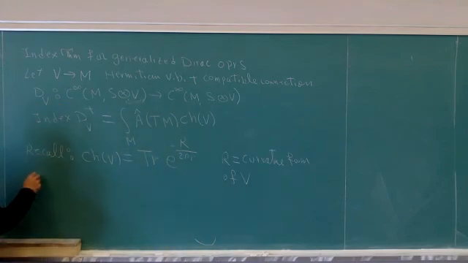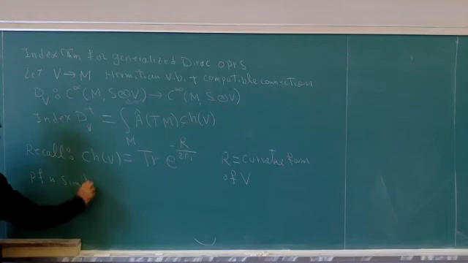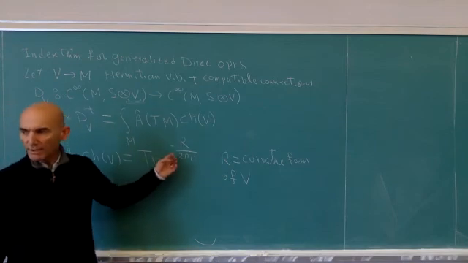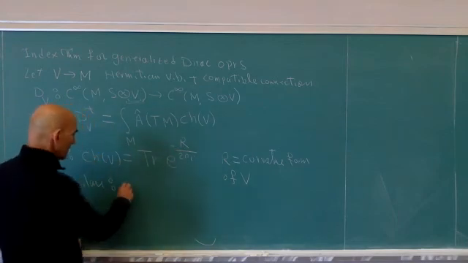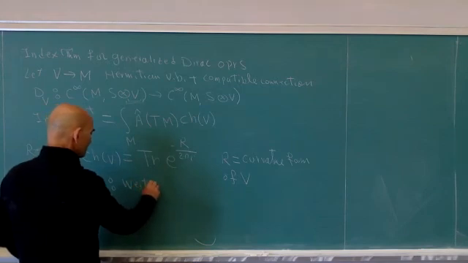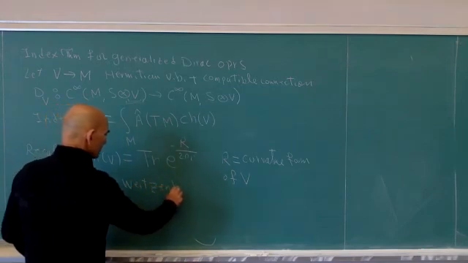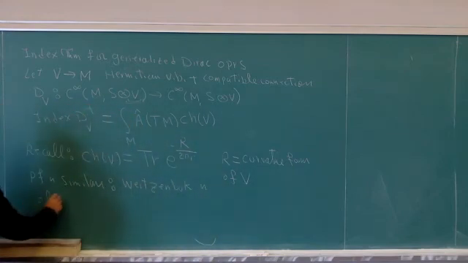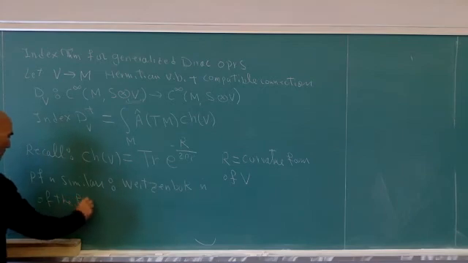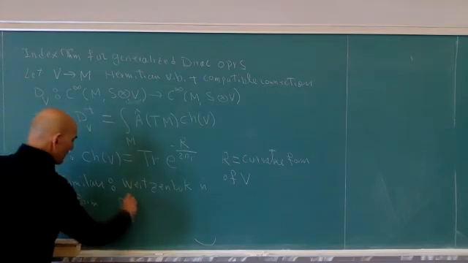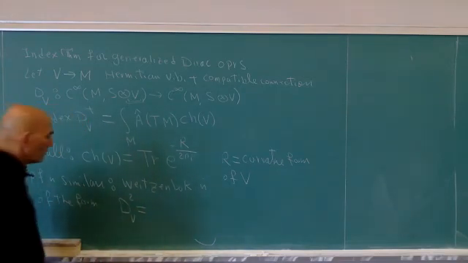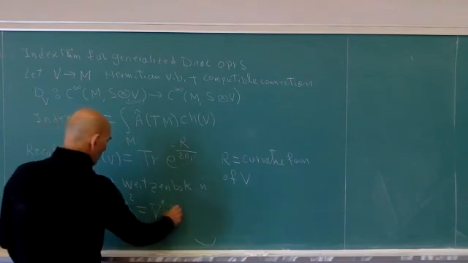So the idea of the proof is similar. In this case, you just use the Weitzenböck formula in the following form: D_V squared is equal to nabla star nabla.